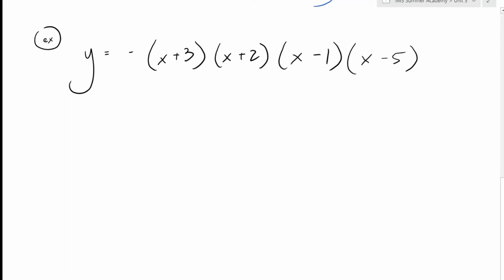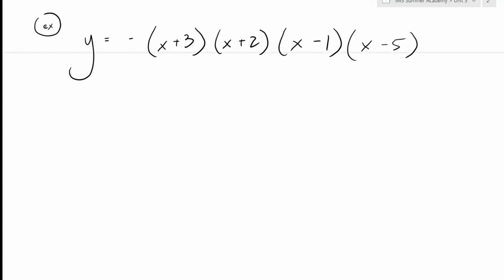So this is already factored. It's already in parentheses. We want to see how this was made. If this was multiplied all the way out, x, x, x, x. If we multiplied all those x's out, it would be x to the 4th.